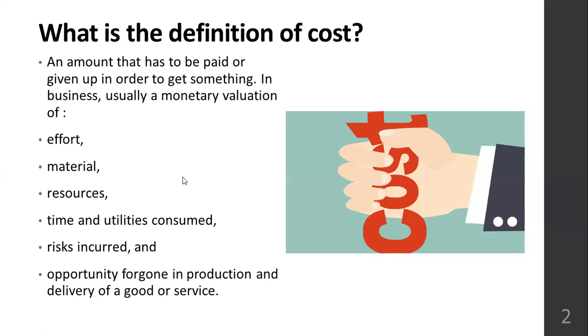So these are the different types of cost apart from money. Money is the most commonly used mode of valuation of what is cost. So what is cost? You have to pay something in terms of money, or you have to give up something to get something. So whatever you have given up or whatever you have paid, that is the cost.